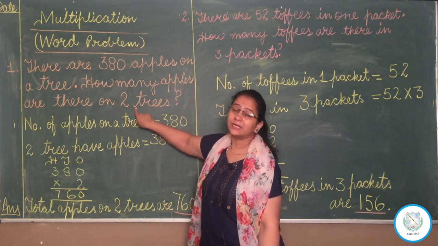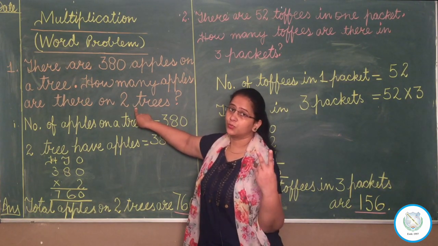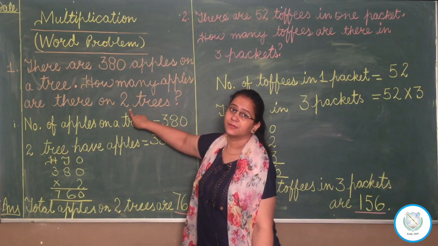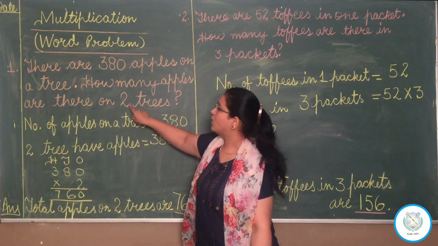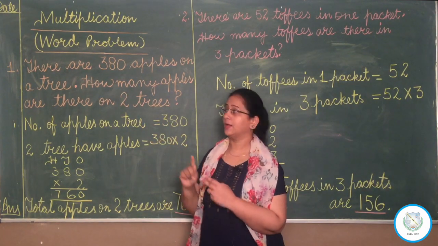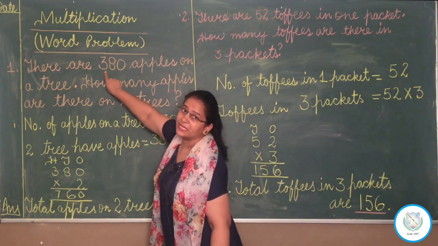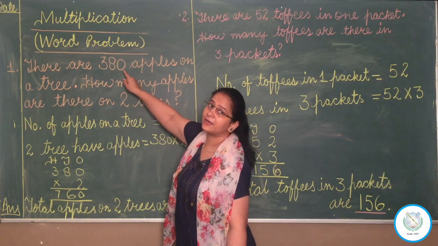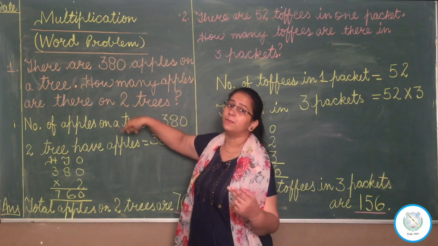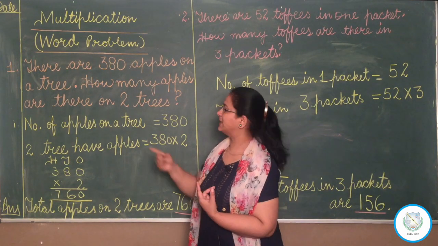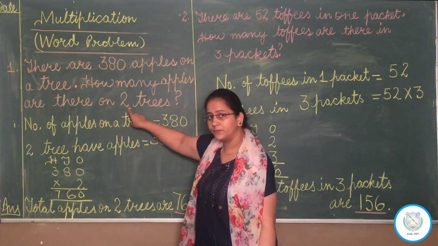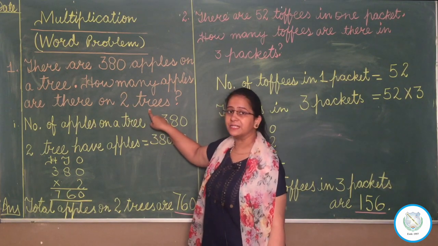So what we will do, we will multiply, repeated addition, like 380 plus 380. In short form we will multiply, and we will multiply by 2 because there are two trees.